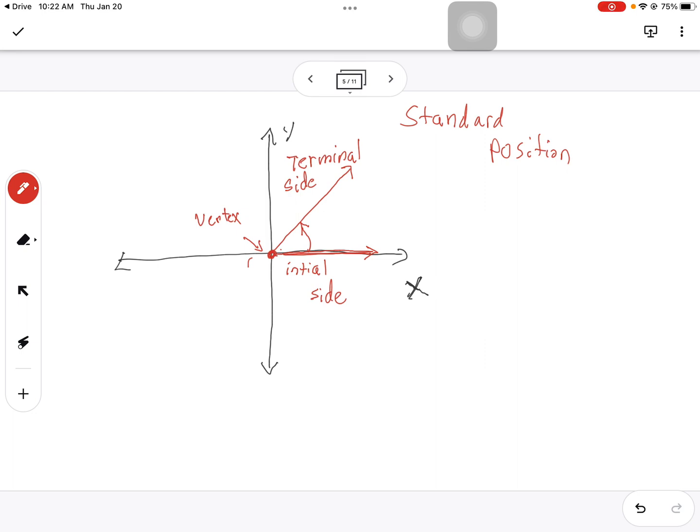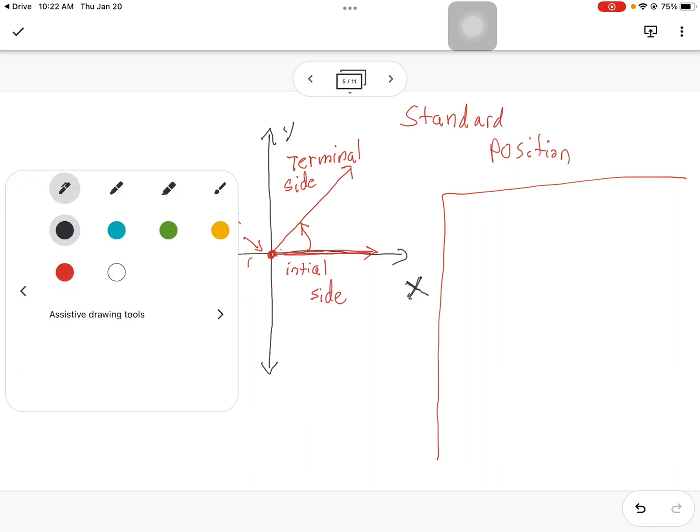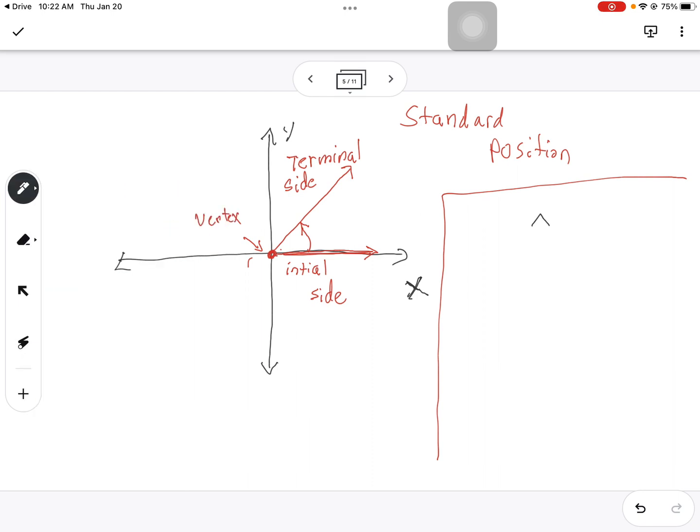Okay, so I'm going to go over here. I'm going to make a new drawing. So I'm just going to section off my notes right here. So again, I'm going to draw a coordinate plane. So there's the x and y axis. I'm going to put my angle in standard position.